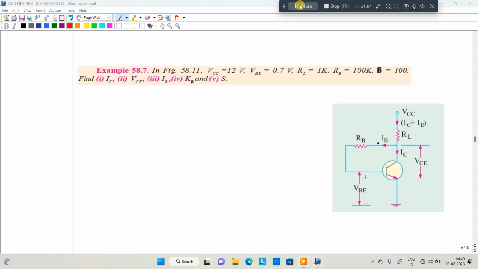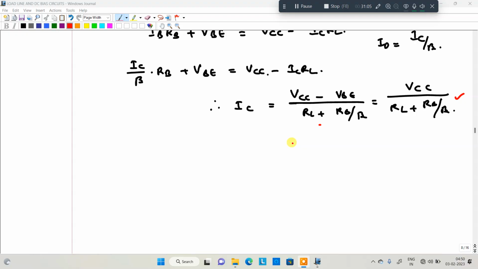Before going to the problem, I will give the formula to you. You should remember this formula: KB is equal to 1 divided by 1 plus beta into RL divided by RB. That is also equal to 1 minus IC divided by IC sat.